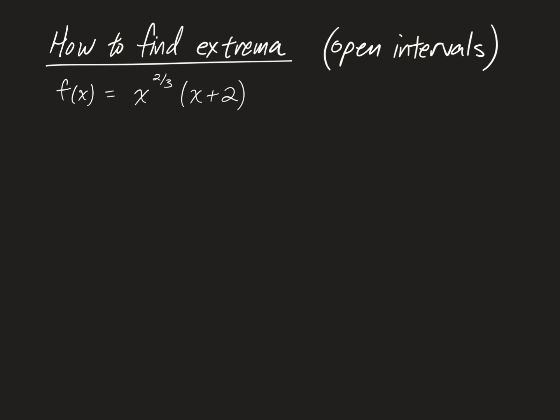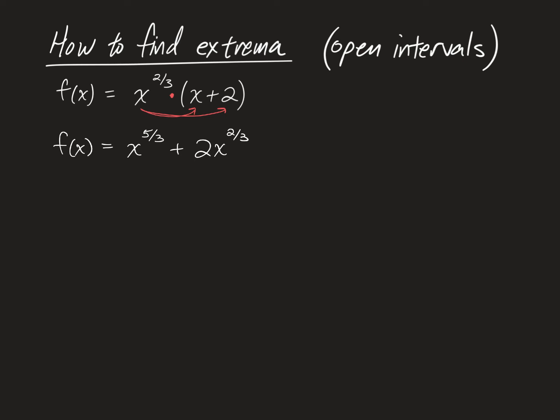So let's take a look at this function, f of x equals x to the 2/3 power times x plus 2. Now, with this, you can certainly, if you want to, use the product rule. I'm going to take a slightly easier route. Since this is relatively easy to distribute, I am going to do this first and get x to the 5/3 power plus 2x to the 2/3 power.